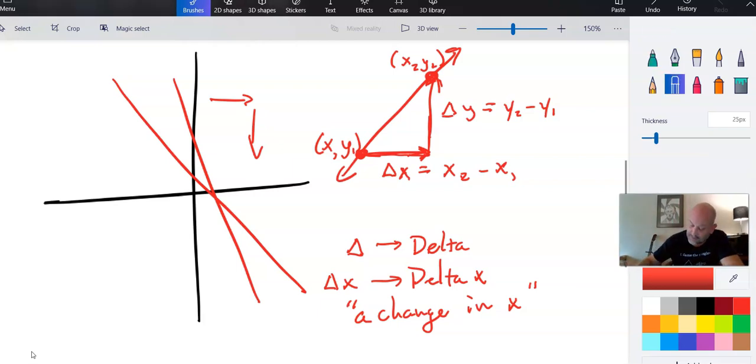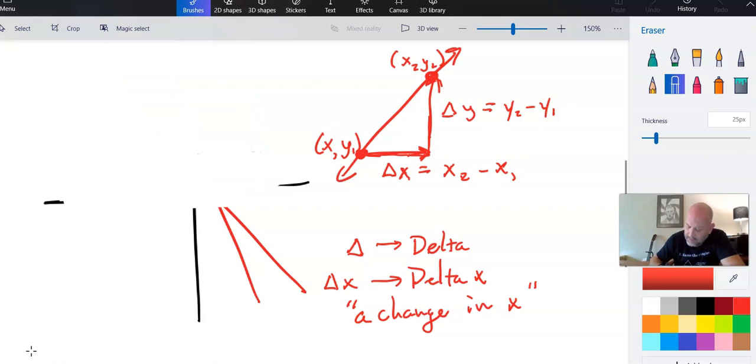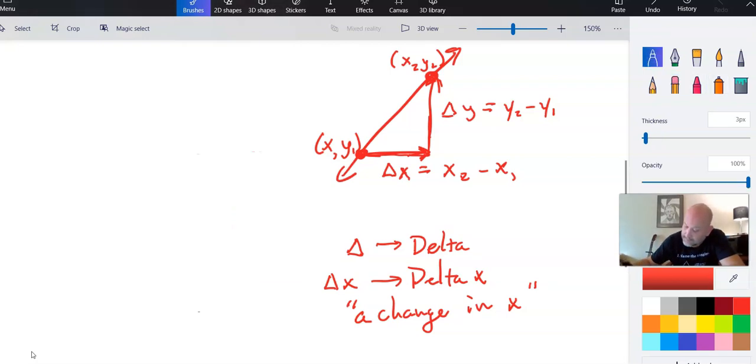Okay, so let me get this thing off of here so we can try to write a little bit. There we are. Now, the symbol that's used for slope is m.